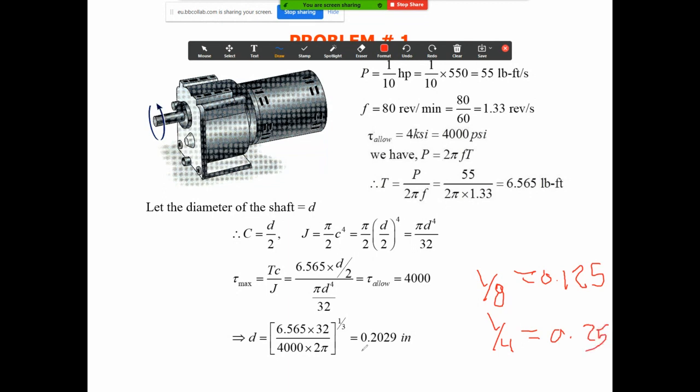So this number will be rounded to where? To 0.25. So I will use a diameter of 0.25, not 0.2029, because it is difficult to apply in practice. I hope it is clear. Is it clear? Is there any question?